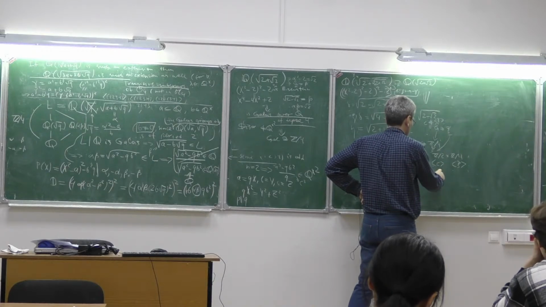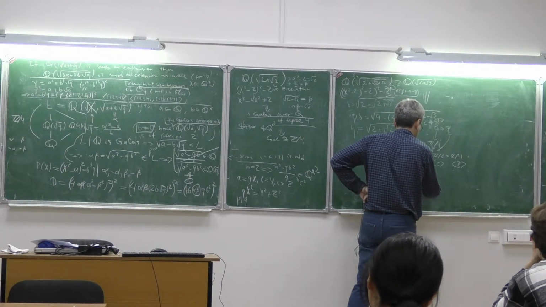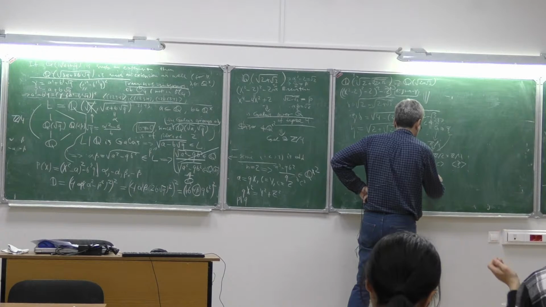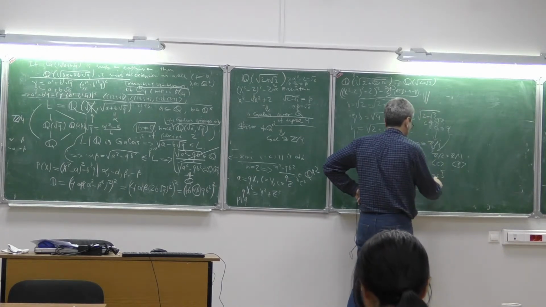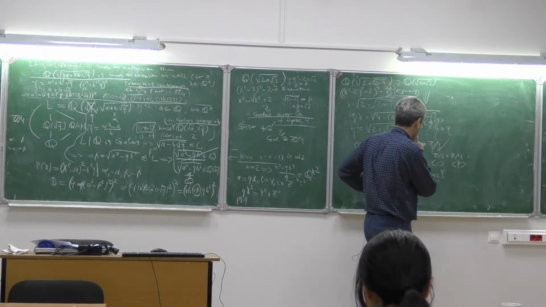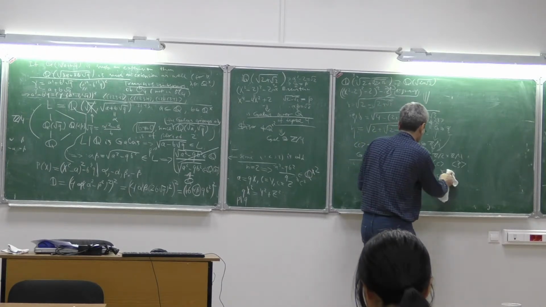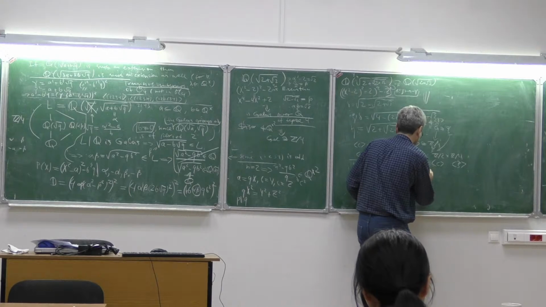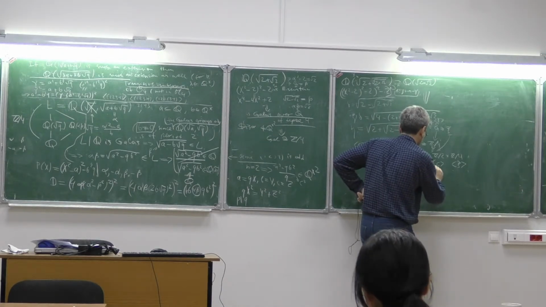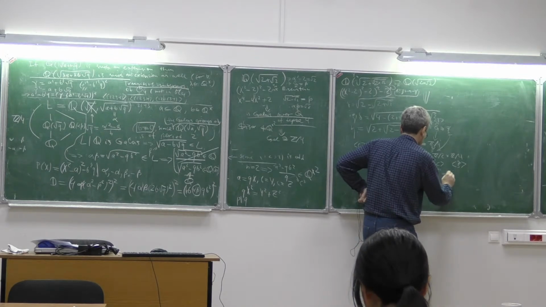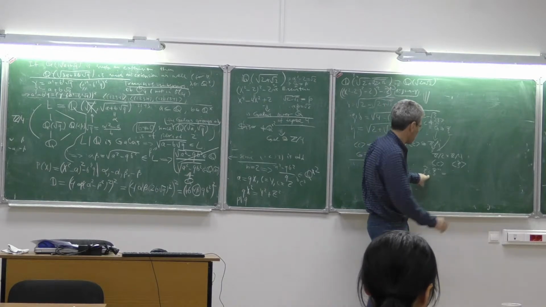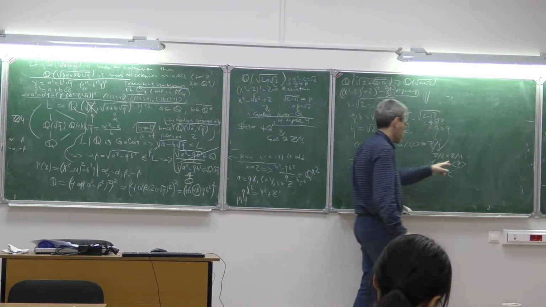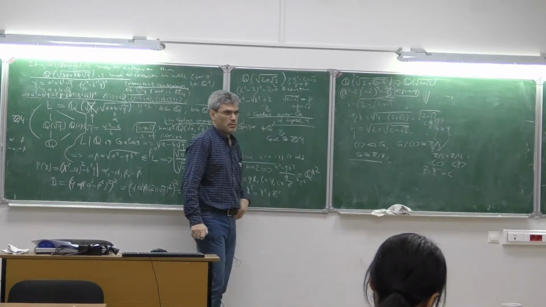Because C is normal, so C xi tilde sigma is equal to sigma xi. Why? Because xi sigma inverse, you see that this is a normal subgroup, so this should be in C. And this means they commute.